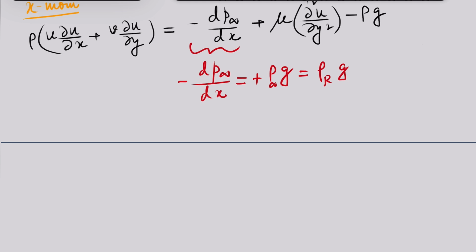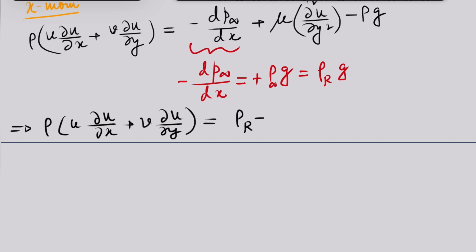So now this governing equation becomes rho u del u by del x and so on is equal to, so I can take this g common and I can write this one, right?